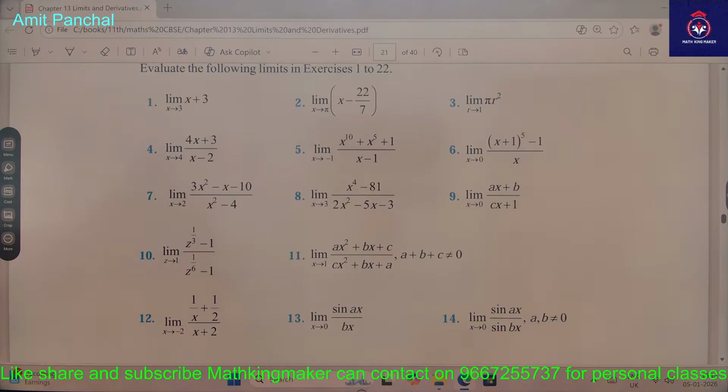Sir, is it 5? Yeah, 5 is the right answer.